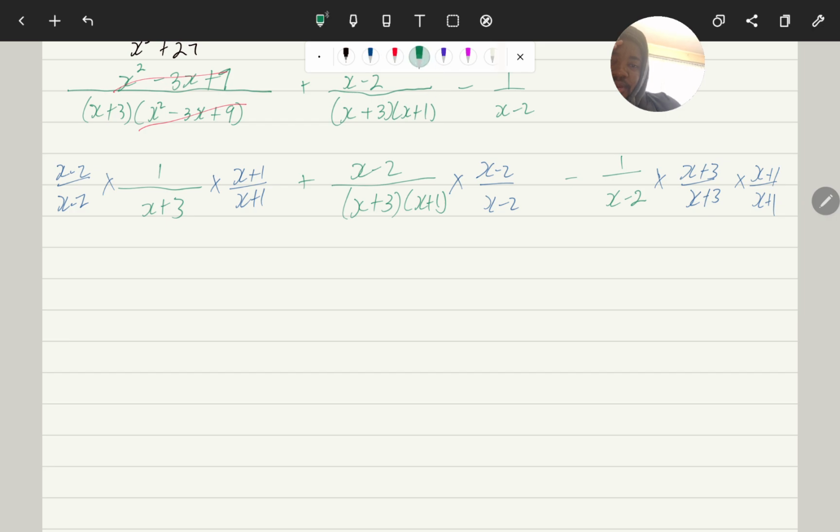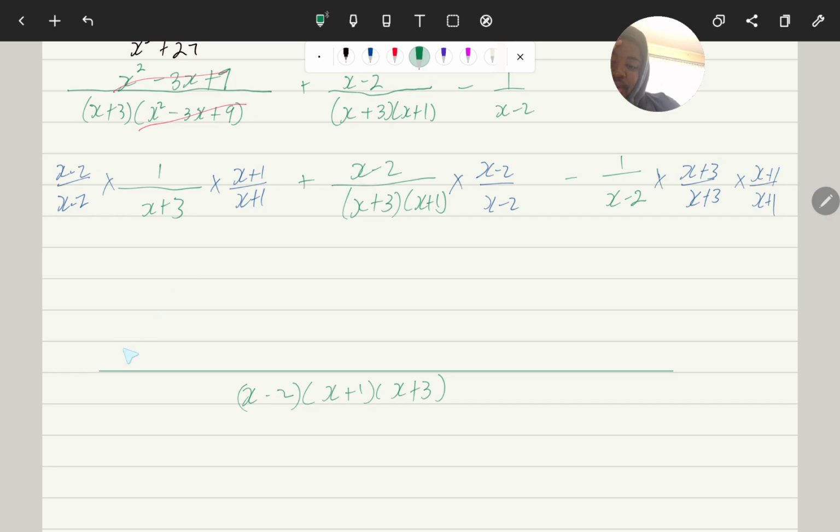So you see that once you are done, your denominator is going to be x minus 2, x plus 1, x plus 3. This is what your denominator is going to be like. As for your numerator now, this is how it's going to be.